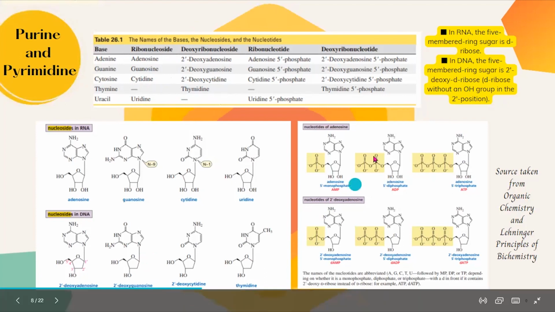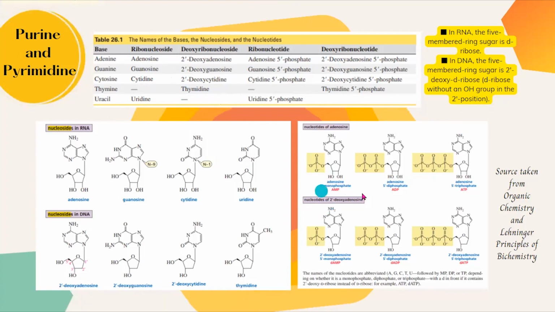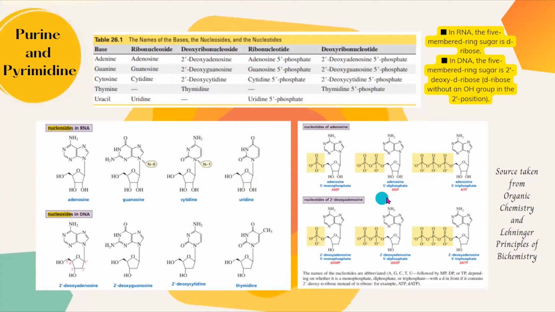In the nucleotides here, you can see that adenosine is known as 5' monophosphate, adenosine 5' diphosphate, and adenosine can also be known as 5' triphosphate.